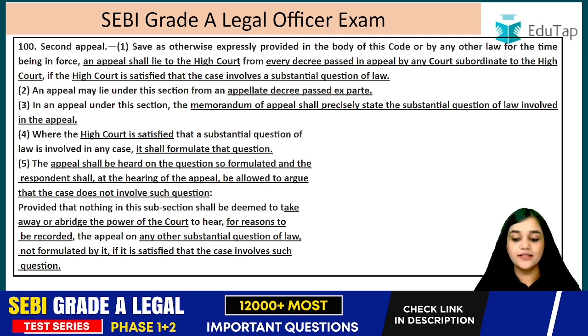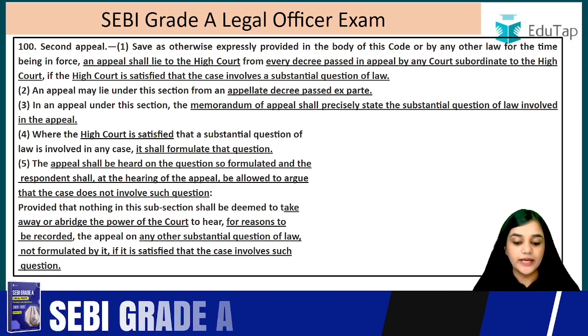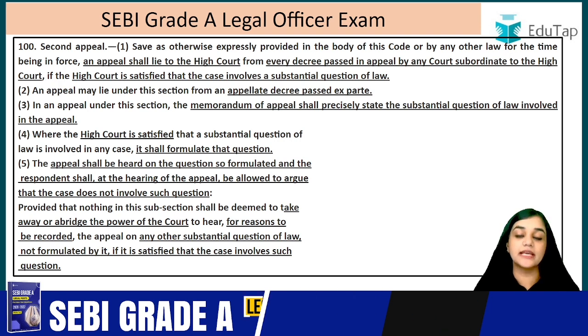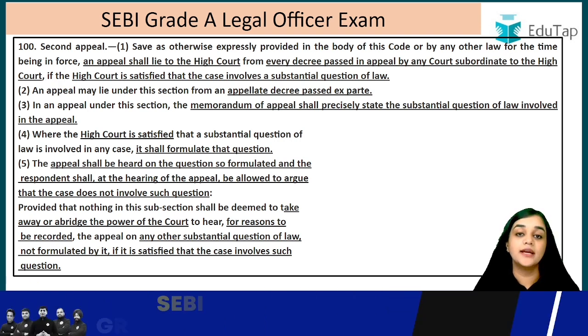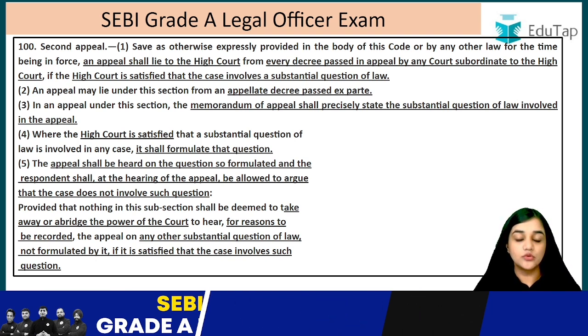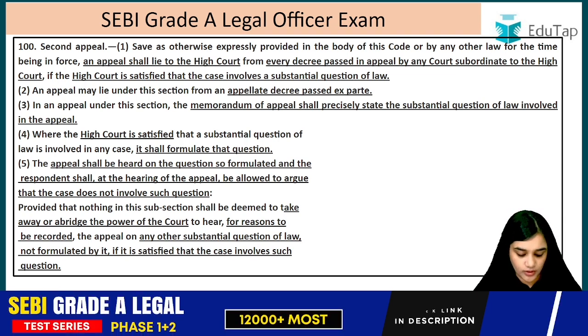So this is what they are saying, that provided that nothing in this subsection shall be deemed to take away or abridge the power of the court to hear, for the reasons to be recorded, the appeal on any other substantial question of law not formulated by it, but it arose, and that they are satisfied that the case involves such questions, and it is also important to decide it, it is also substantial to decide it. So what will they do? They will decide that question also, right?